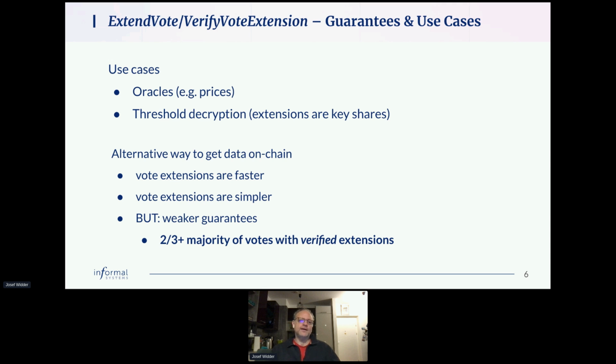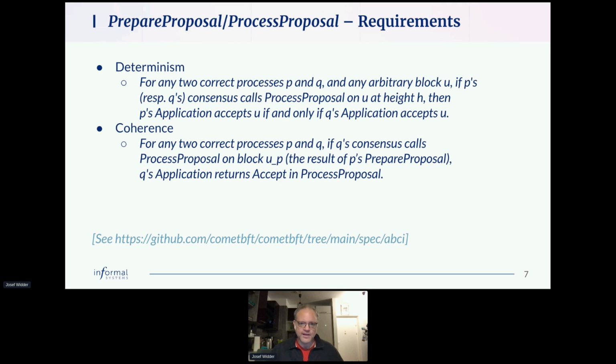As I said, with power comes responsibility. The problem here is that allowing application-specific validity checks, for example in process proposal, has influence on consensus. If the application says that the current proposal is not well formed, then consensus is not going to vote for this proposal, or is voting against it.